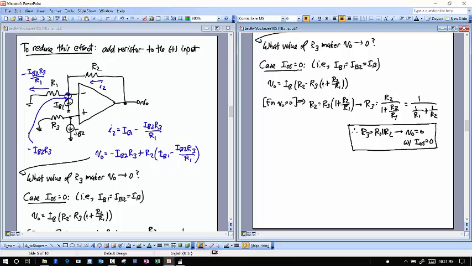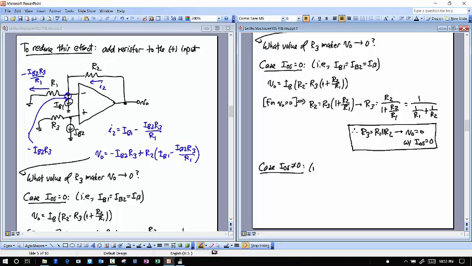Now, I specifically took the case where IOS is equal to 0, and so the other case that we can take is where the input offset current is not equal to 0.